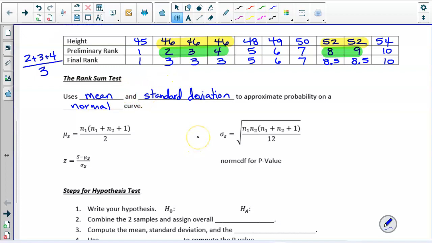Sum means what? So first we rank it, then we're going to be adding something, okay? So if you look here, what does this mean? Yeah, the mean. Okay, so this is the mean for the data once I rank it, the mean of the sums, okay?